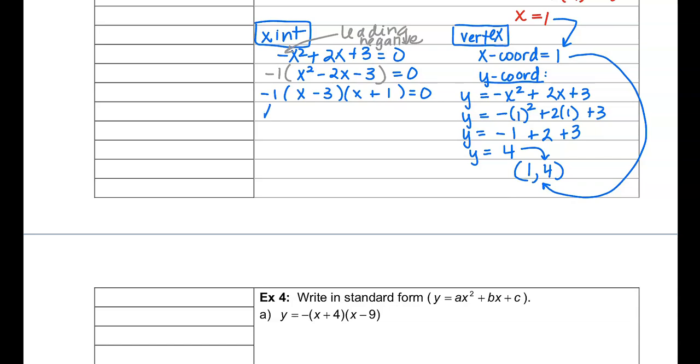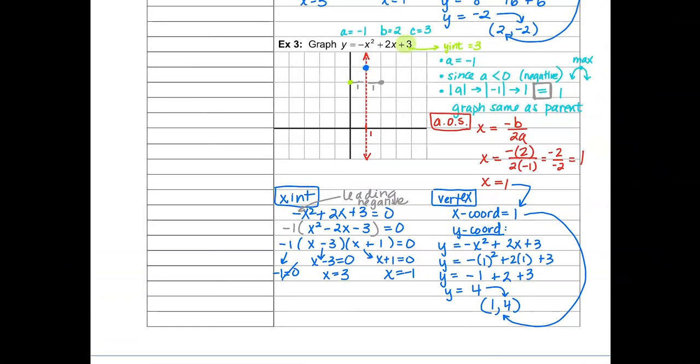So either negative 1 has to equal 0, which it never will, or x minus 3 has to equal 0, so x is 3, or x plus 1 has to equal 0, so x is negative 1. So I can plot a point at negative 1, and 1, 2, 3. That's actually really good. Extra points.